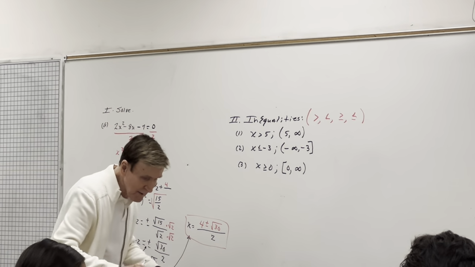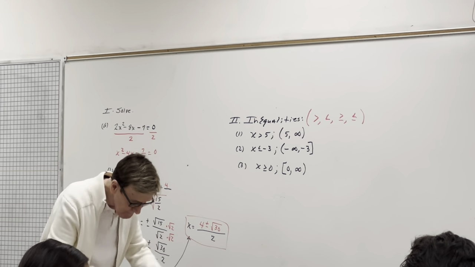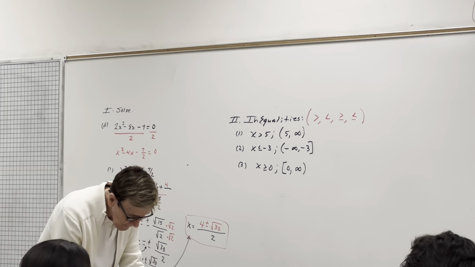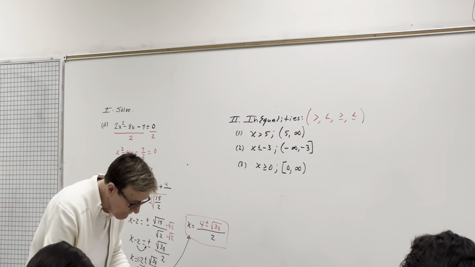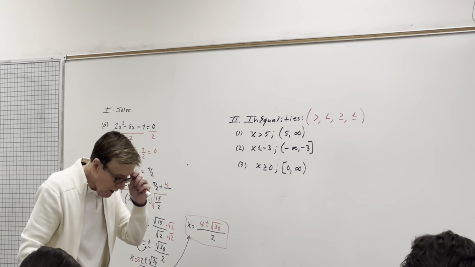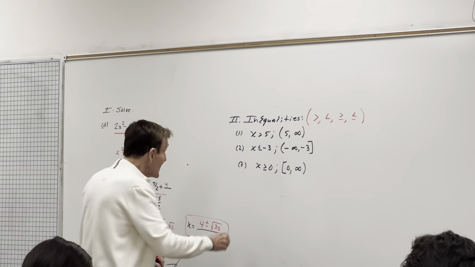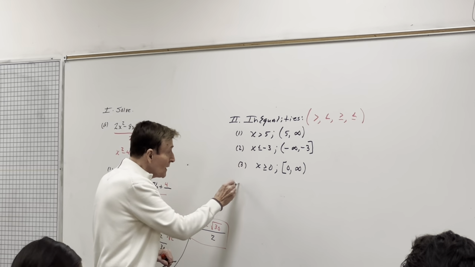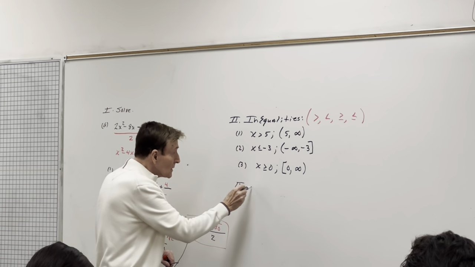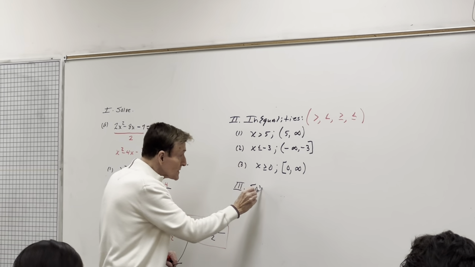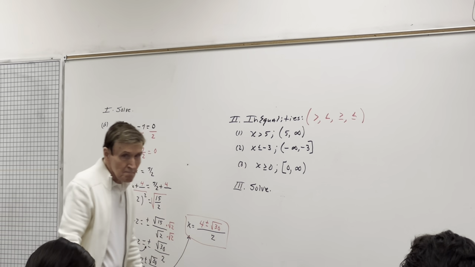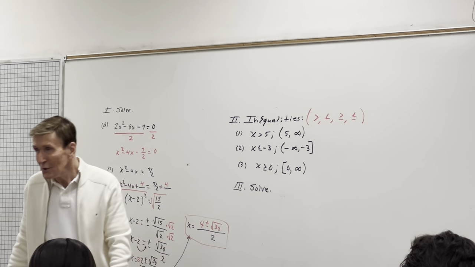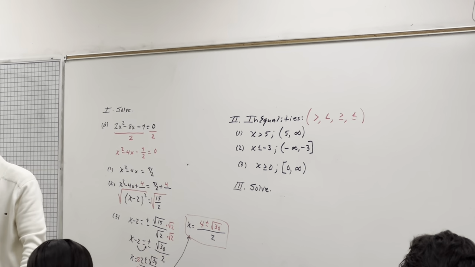Now, on your handout, let's see if I'm ready. Sure enough, if I jump to part 3 on your handout, it says to solve these inequalities, and we're going to express the solution using interval notation.